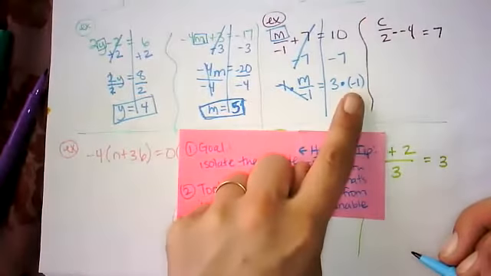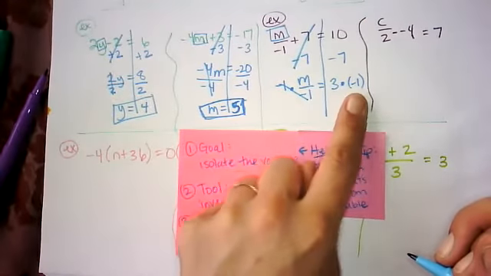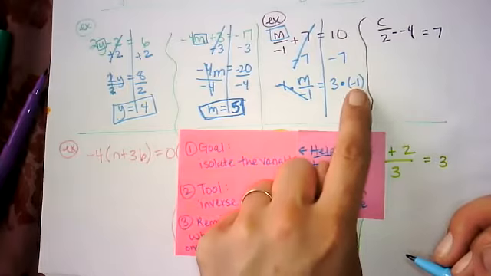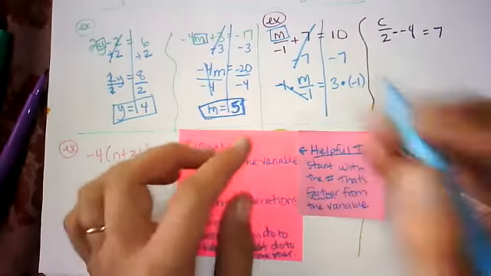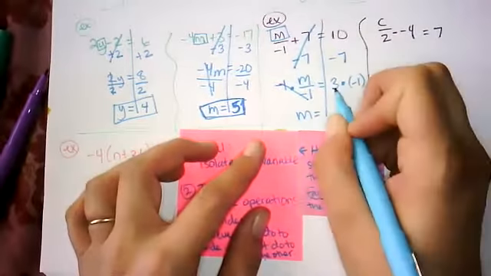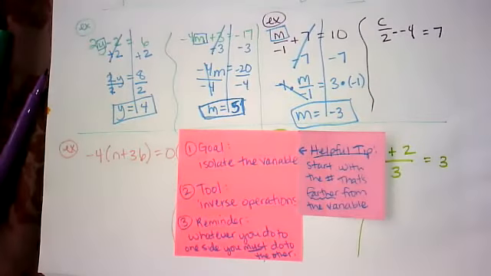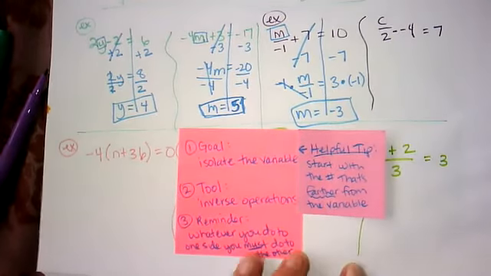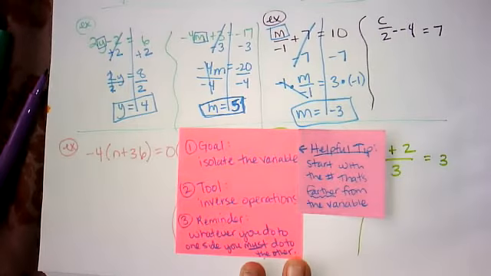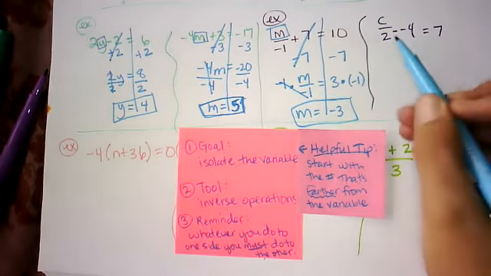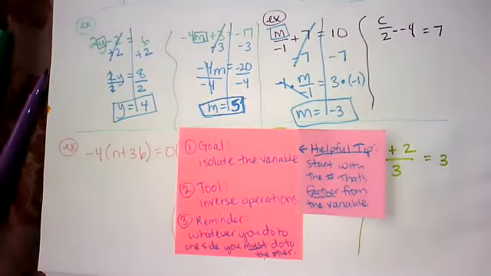So I'm multiplying this side by negative 1, and I put parentheses around it so you know it's a negative 1 and not subtracting. So m equals positive times negative, which is negative. There are lots of sign issues that can arise, but as long as you follow these steps, you're really just doing the same thing again and again. Another helpful hint is that whenever you have two signs together, you need to rewrite.